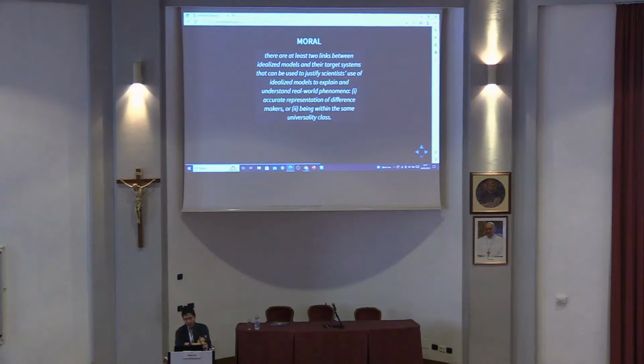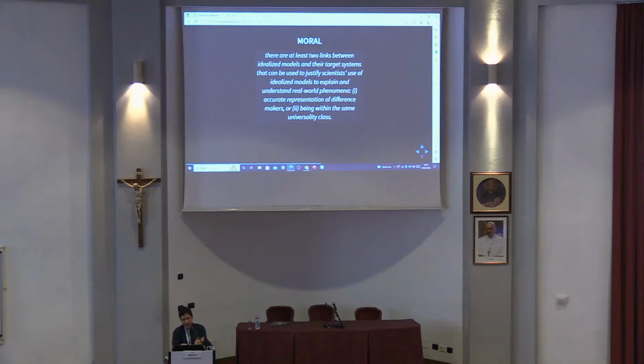According to Batterman and Rice, the fact that these universality explanations are taken to be explanatory in scientific practice suggests that we've failed to realize that there are at least two ways of justifying how an idealized explanatory model explains. According to one way, an idealized model explains if it accurately represents the difference makers of the phenomena.